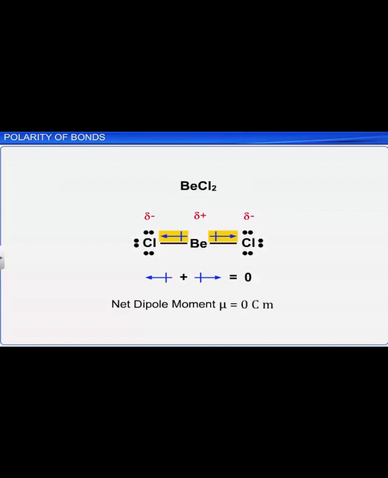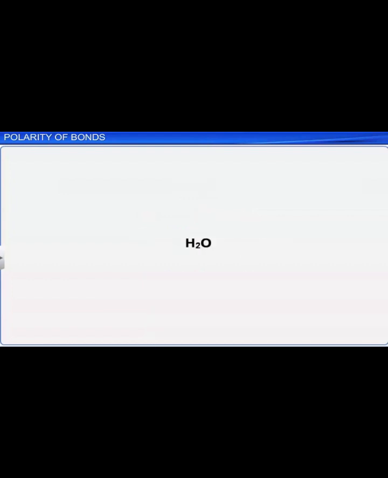Let us take another example. A water molecule. In a water molecule, there are two oxygen-hydrogen bonds. It is angular in shape with a bond angle of 104.5 degrees. Oxygen being more electronegative, the shared electron pair between oxygen and hydrogen lies very close to the oxygen atom.